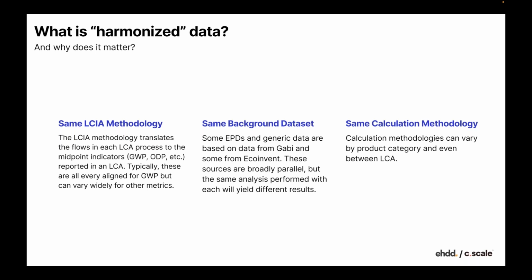So in our perfect world, with all the stacked and orderly standards, everything in a building level assessment is using the same LCA methodology, the same background data set, and the same calculation methodology. That helps us roll the data together for use at the building scale.